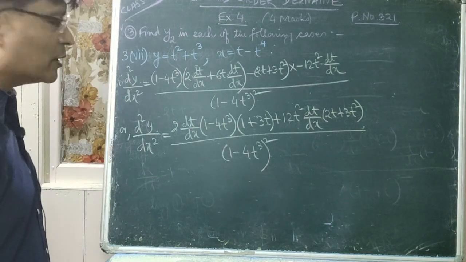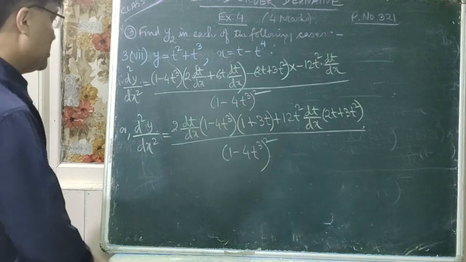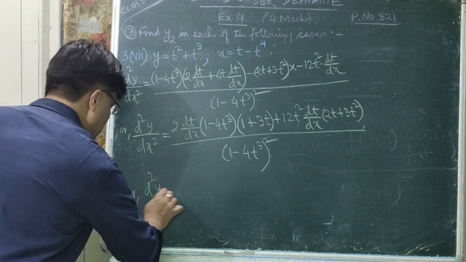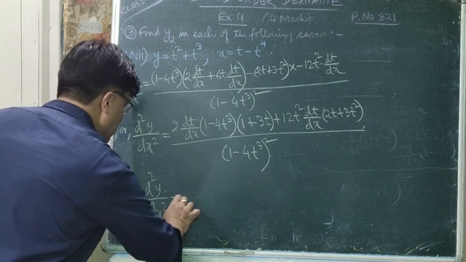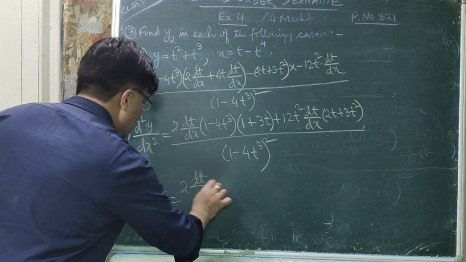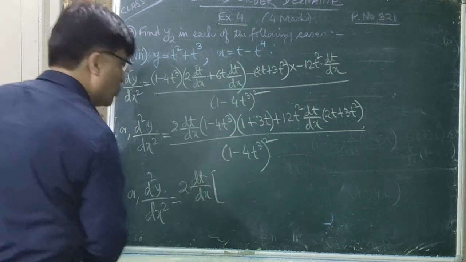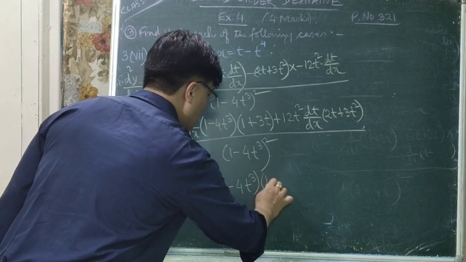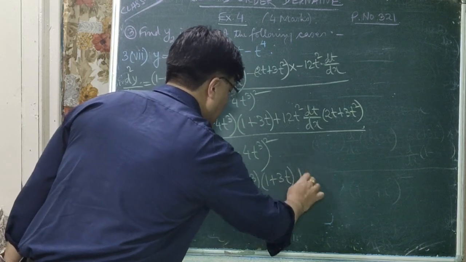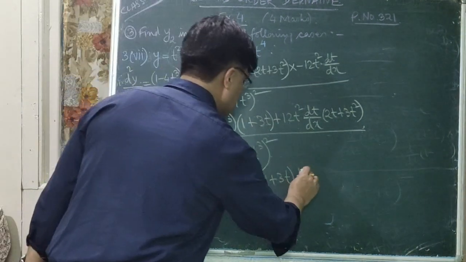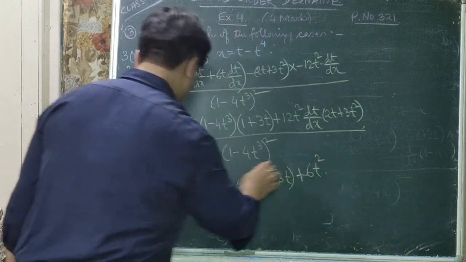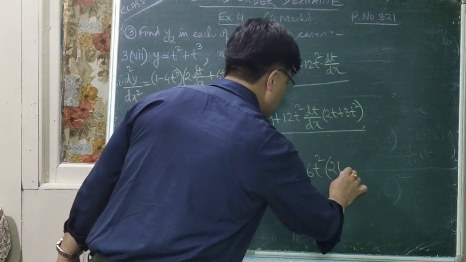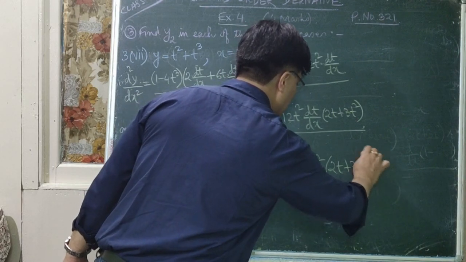So what is common in the numerator? 2 dt by dx is common here, so let us take it outside. d2y by dx square is equal to 2 into dt by dx taken common. So within bracket, 1 minus 4t cube into 1 plus 3t plus 6t square, with 2 dt by dx taken common, so within bracket we have 2t plus 3t square.